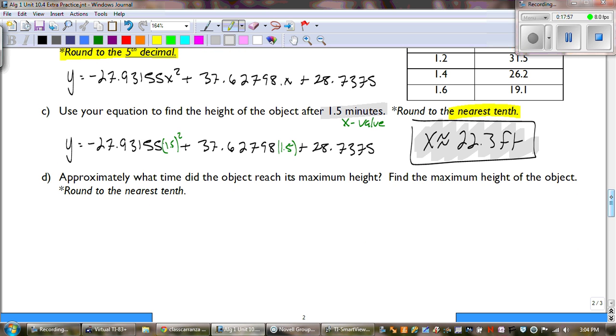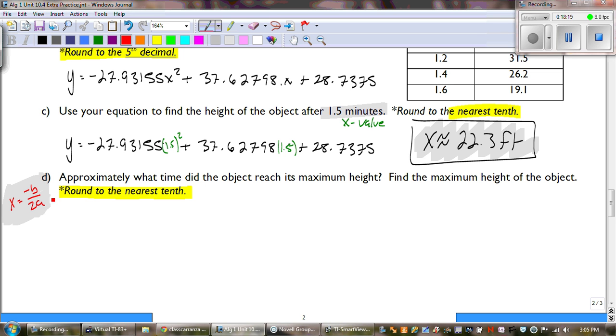B. Approximate what time did the object reach its maximum height? Find the maximum height of the object and round to the nearest 10th. And guys, we have a lot of trouble with this. This is asking us for the middle point. And guys, that's the vertex.